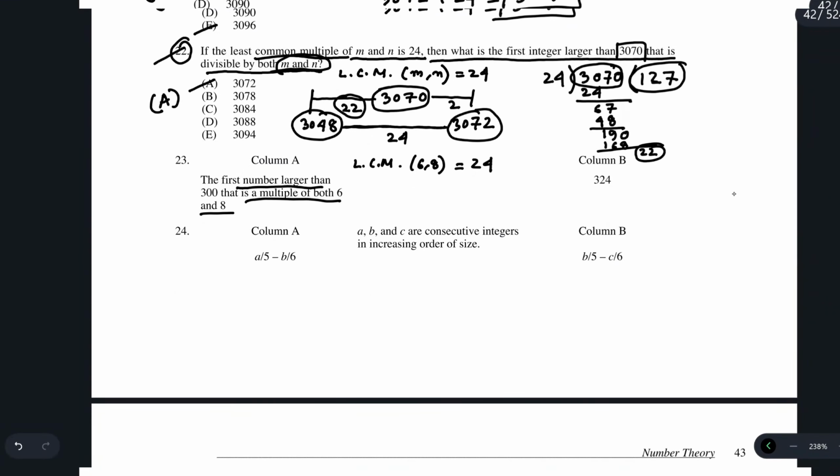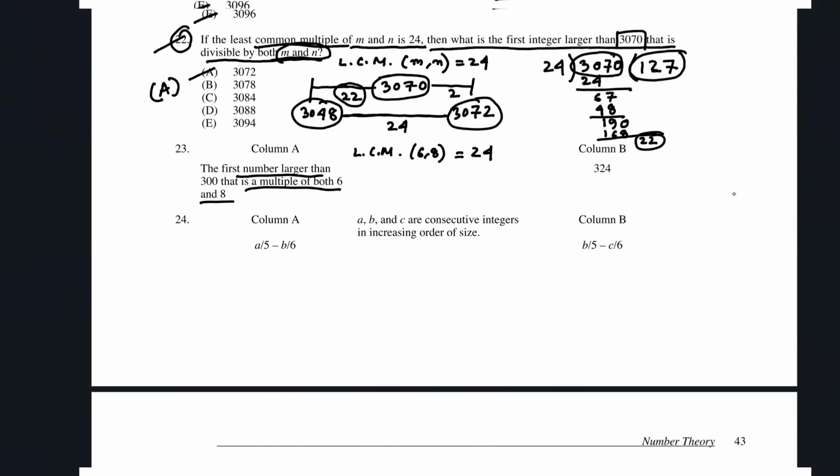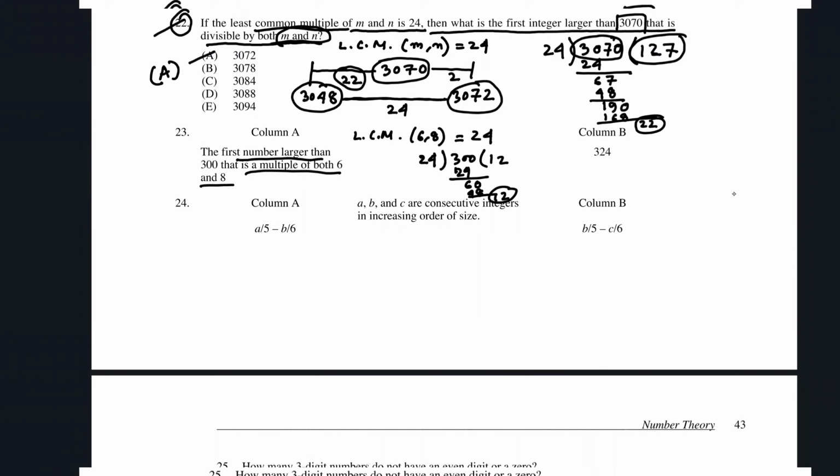So we have 24. Now, if we try to divide 300 by 24, we will have a remainder of 12. So 300 is not divisible by 24 because we have a remainder there.